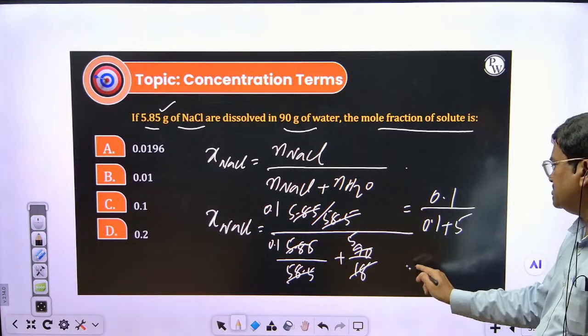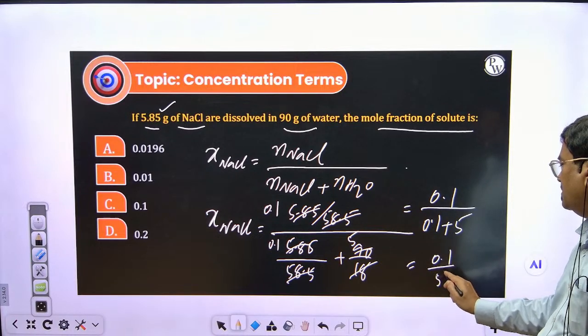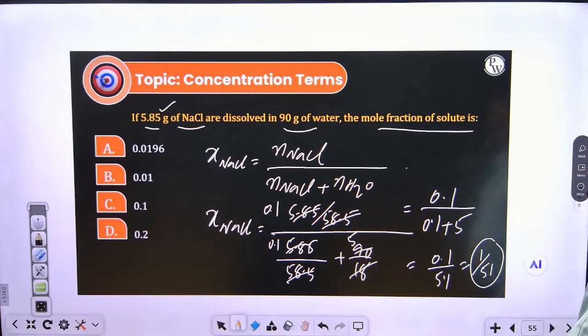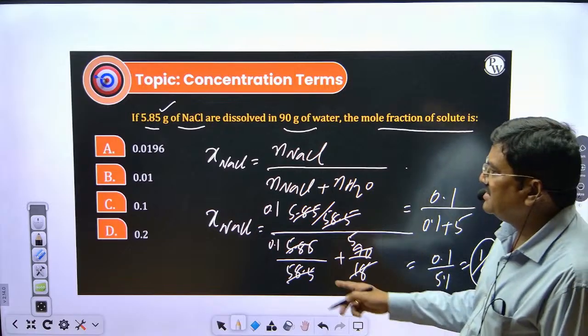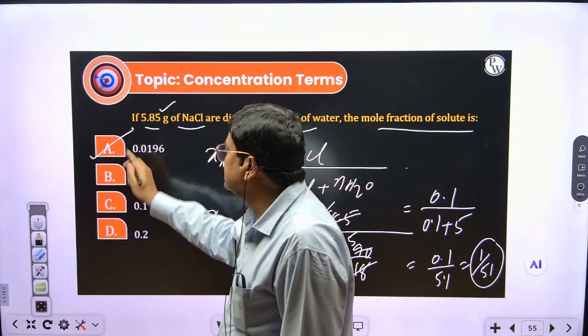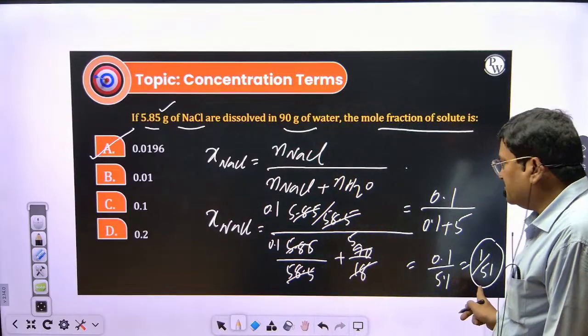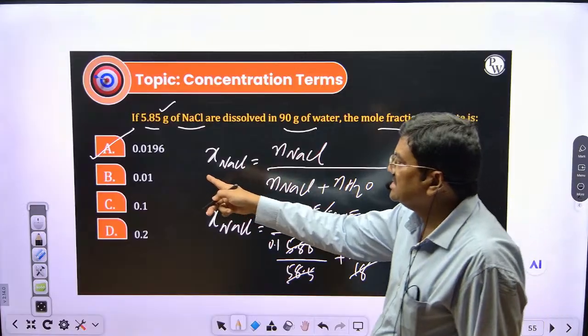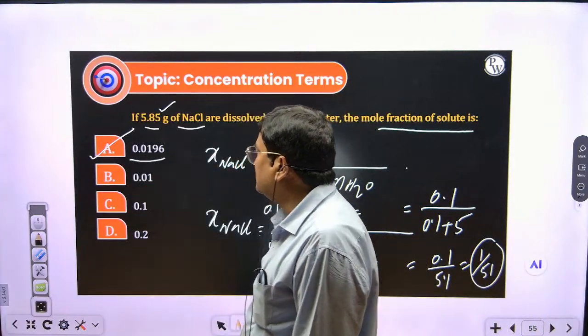That comes to 0.1 by 5.1, or can I write it as 1 by 51? Divide 1 upon 51. On simplifying that, check whether you get 0.0196 or not. If the option is given as 1 by 51, you have to opt for 1 by 51, but he has simplified this. Check whether you are getting 0.0196 or not.